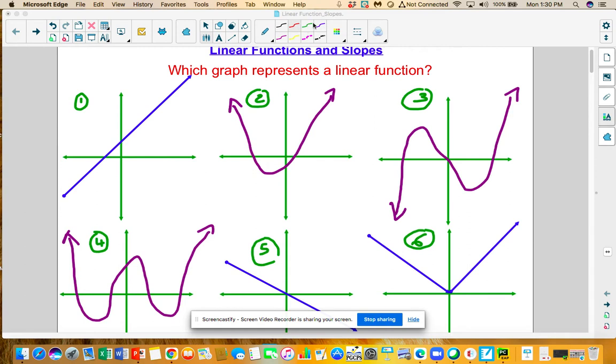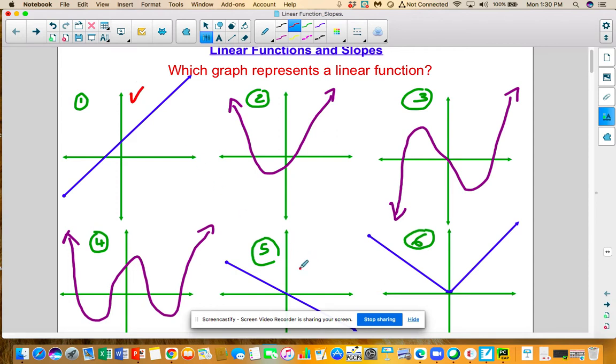If you chose graph number 1 and number 5, you are correct. Those are the only graphs that represent lines and that are representative of linear functions.